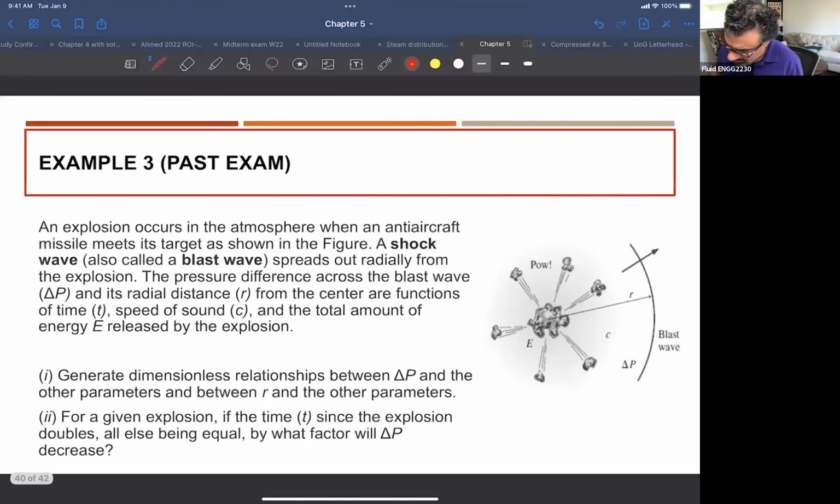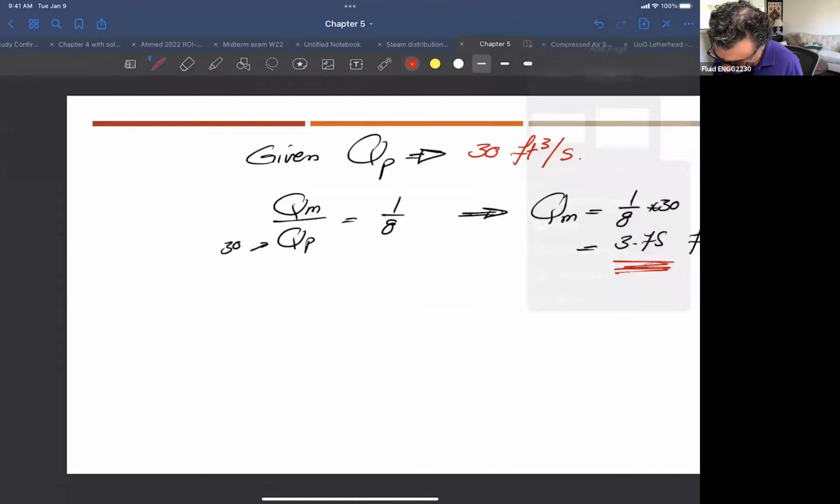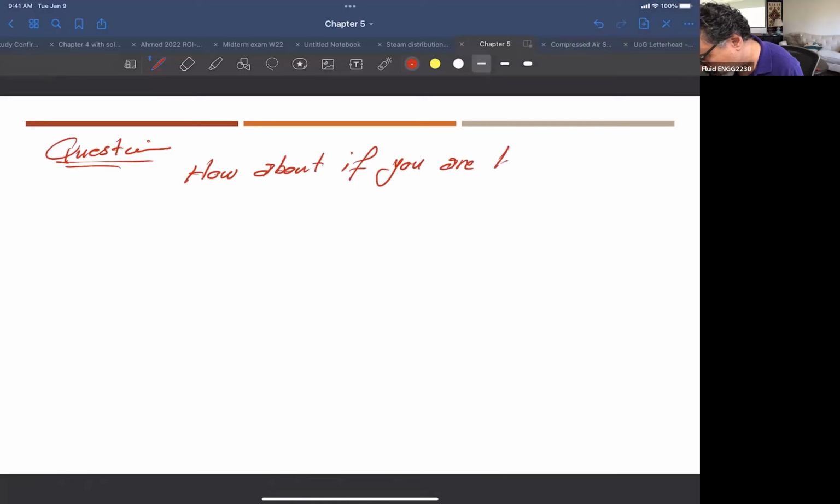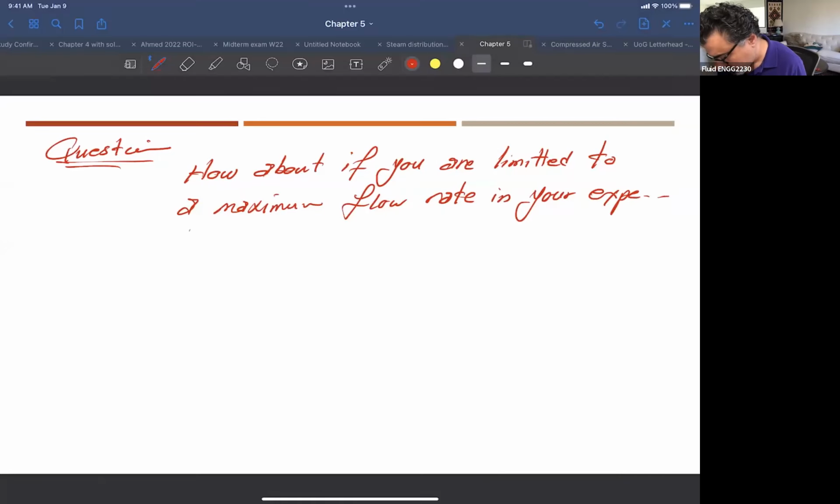So let's add another problem here. If you have in your experimental setup a limit at 1 feet cubed per second.